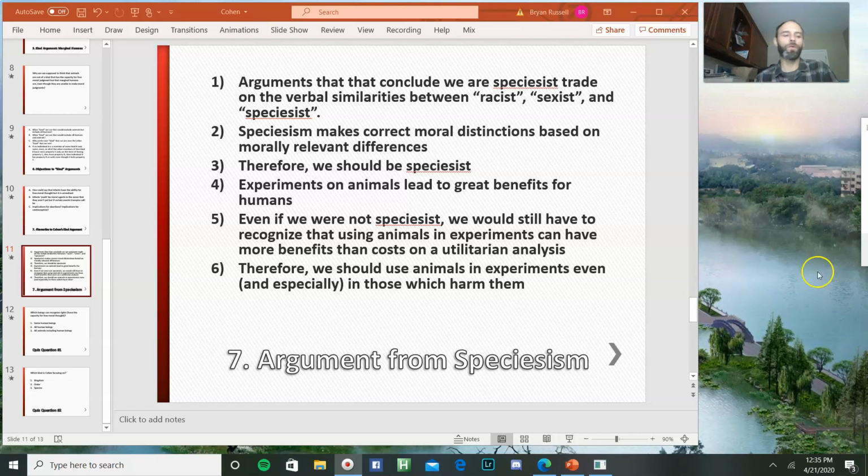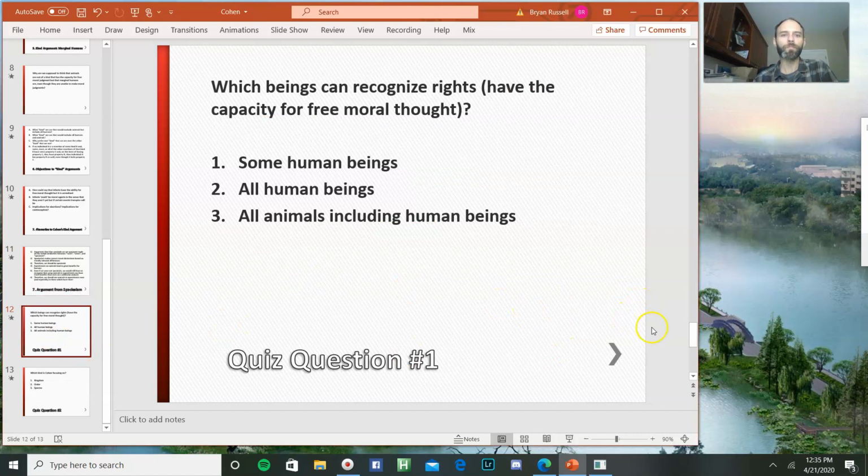All right. So now let's get to two quiz questions. Quiz question number 1. Which beings can recognize rights? In other words, have the capacity for free moral thought. So which beings can recognize rights, not which beings have rights or should have rights. Which beings can recognize rights claims?